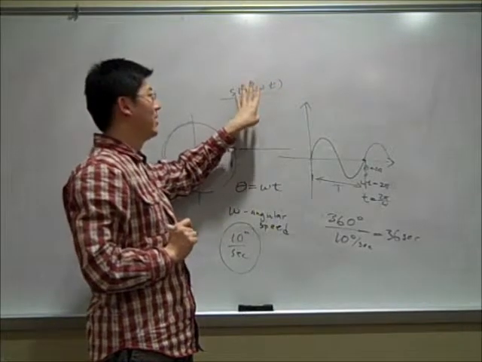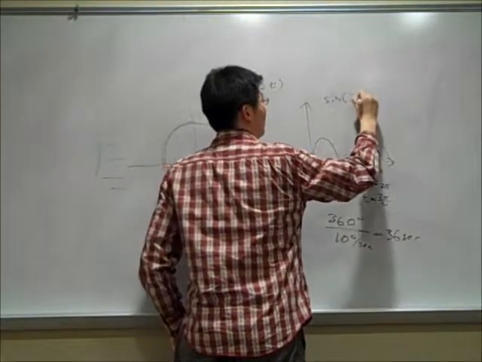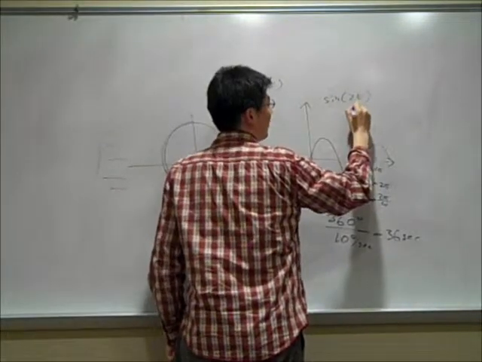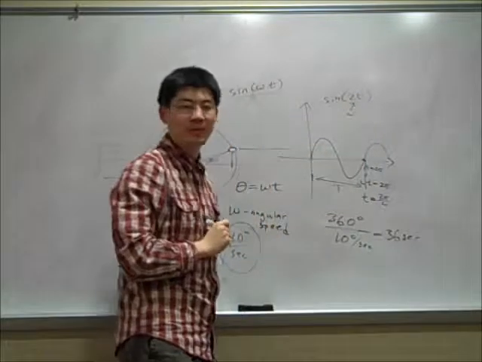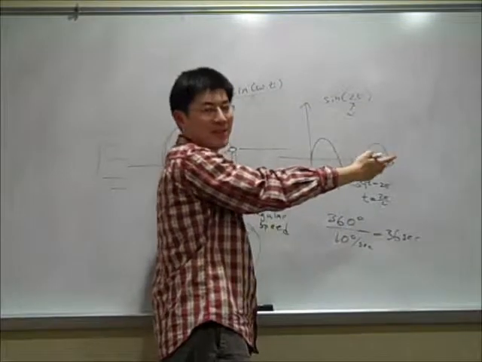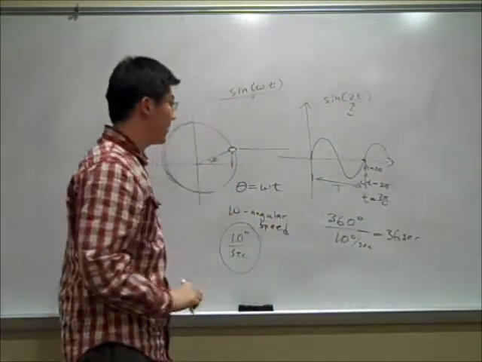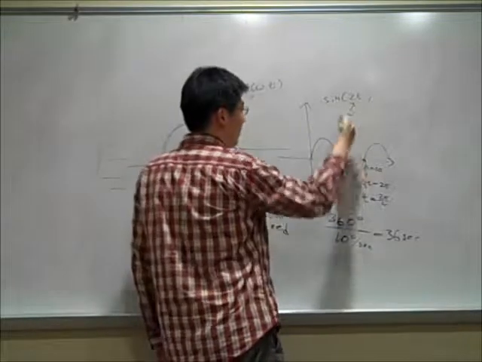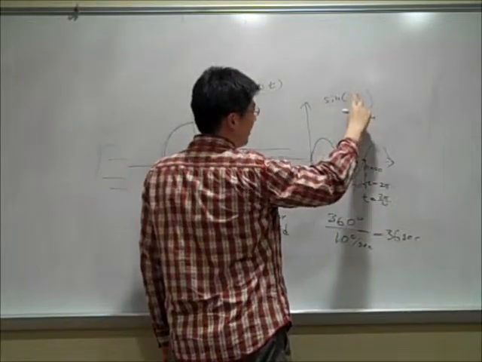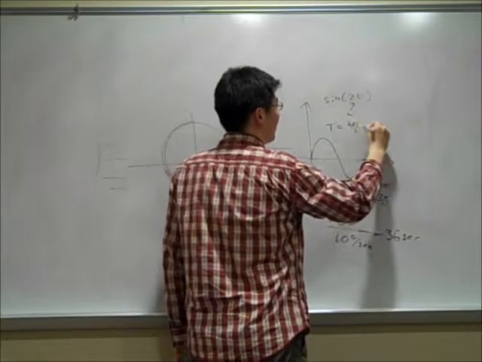So if you see a function that says sine of 2t, this means that the angular speed is 2, and t is the variable. Sometimes it might be x, it might be something else. So this is the angular speed, and then you would know the period. Here, the angular speed is 2, and the period is going to be 2 pi divided by 2, which is pi.